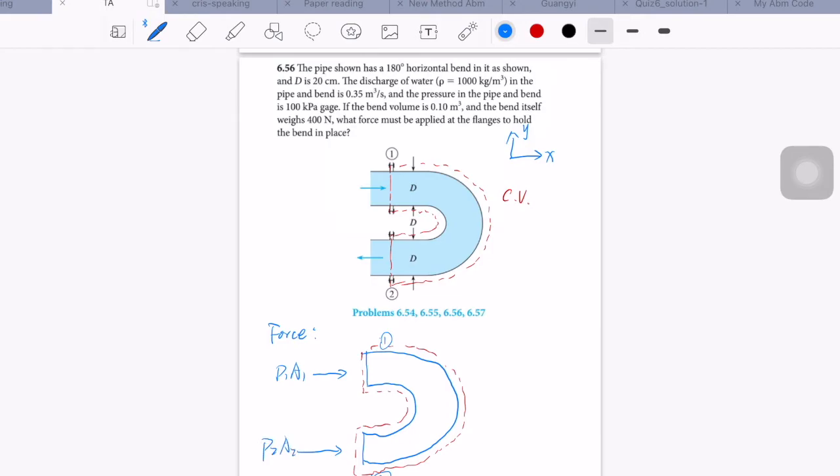And from the problem, we know there is a weight, and the direction of the weight is into the page. Actually, the weight should be equal to the weight of the bend plus the weight of water.